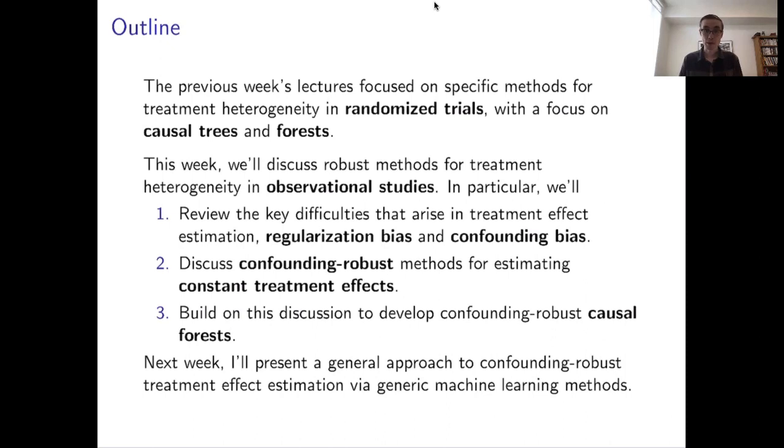This week, what I want to do is continue that discussion, but now no longer in a setting of randomized trials, but in an observational study setting, where you also need to worry about some units selecting into treatment, and this meaning that not all units a priori have the same probability of getting treated. And this ends up being quite a delicate problem that essentially combines most of the challenges we've seen in this class so far.